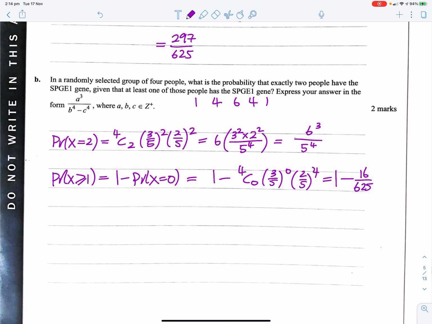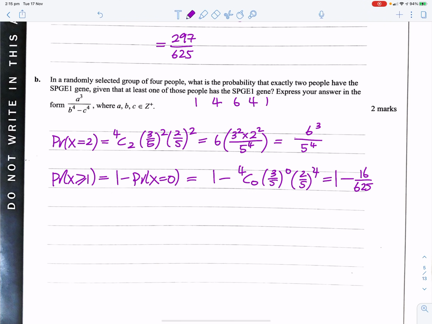Which is 1 minus 2 to the power of 4 over 625, or 5 to the power of 4.